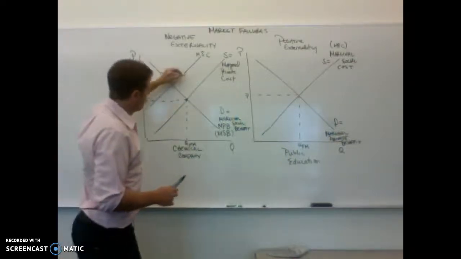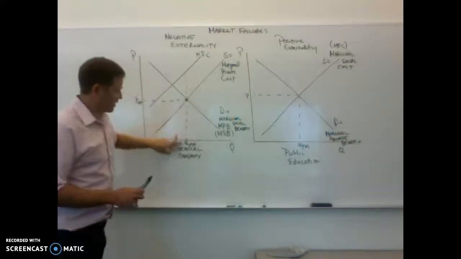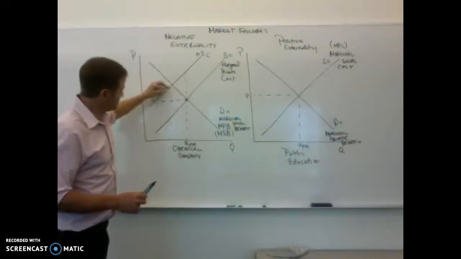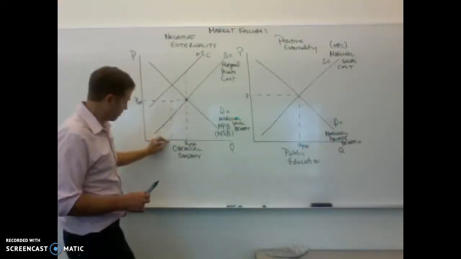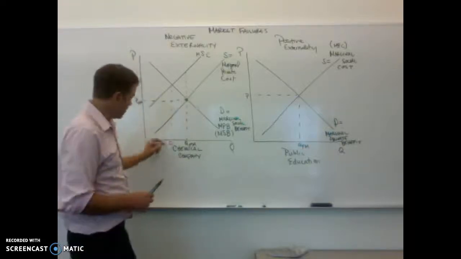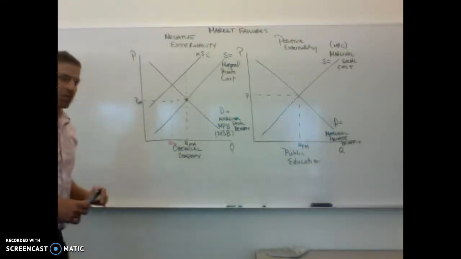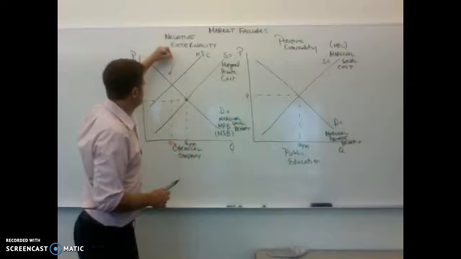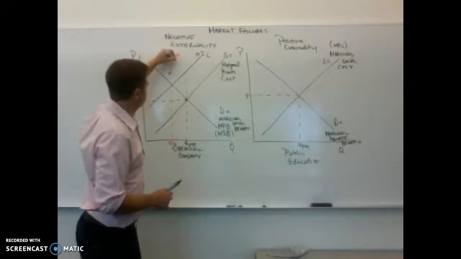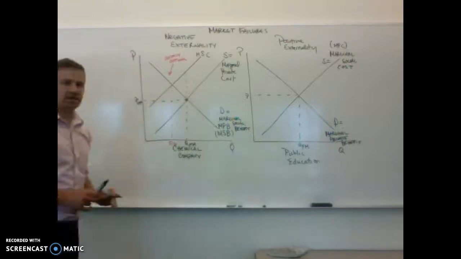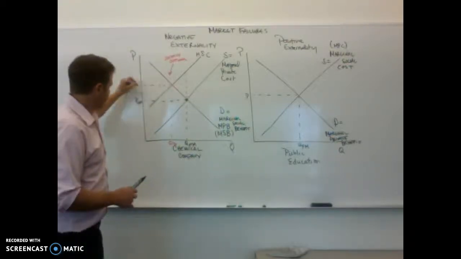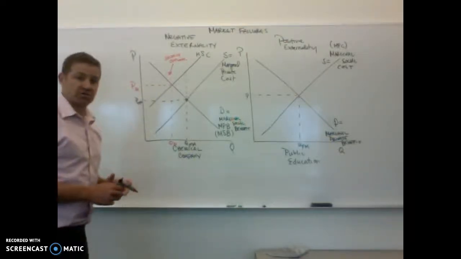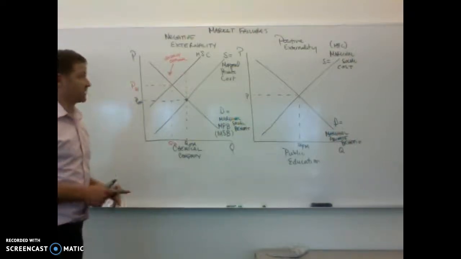So this quantity is where we want to be, and we're going to put this down here as QSO, the socially optimal quantity. That's the quantity that we want to be producing, and it should be much more expensive to produce chemicals and to buy chemicals because of this added cost that's not factored in, right?